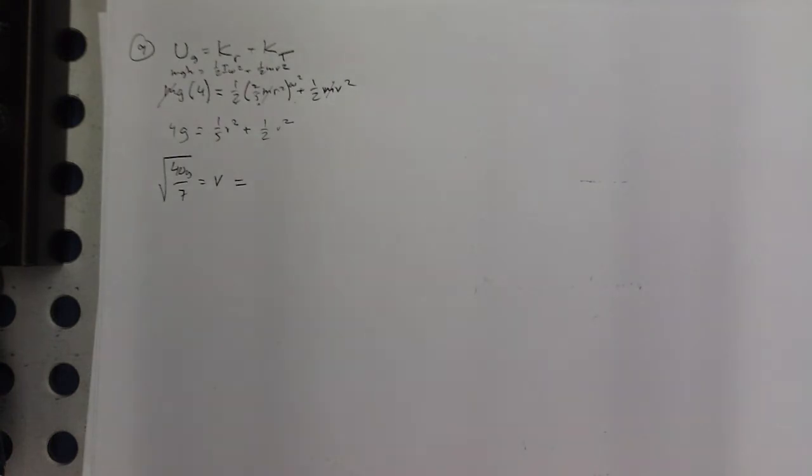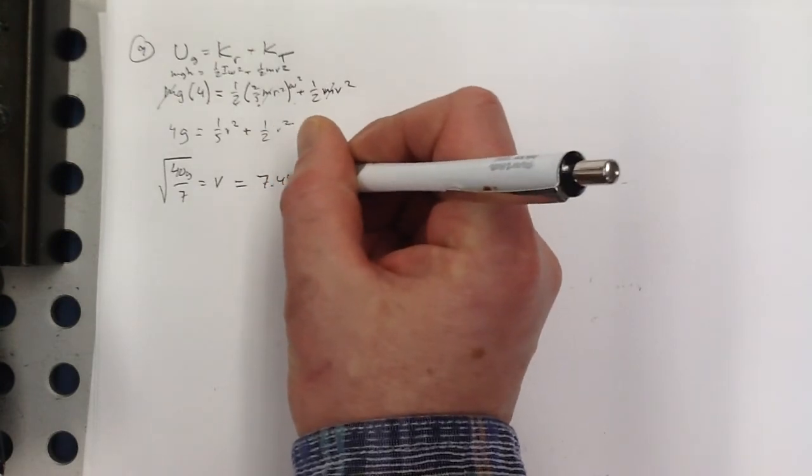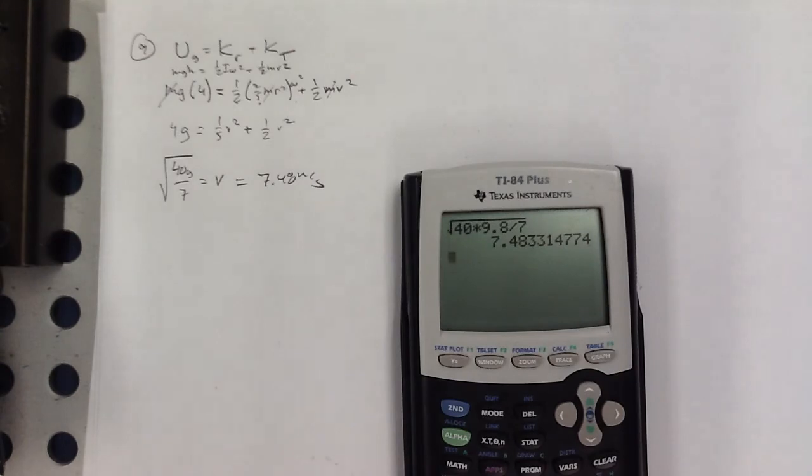So it looks like when it gets to that horizontal launch pad, after descending 4 meters, it's going to have a velocity of the square root of 40 g over 7, about 7.48 meters per second. But they have 7.5 in the back of the book.